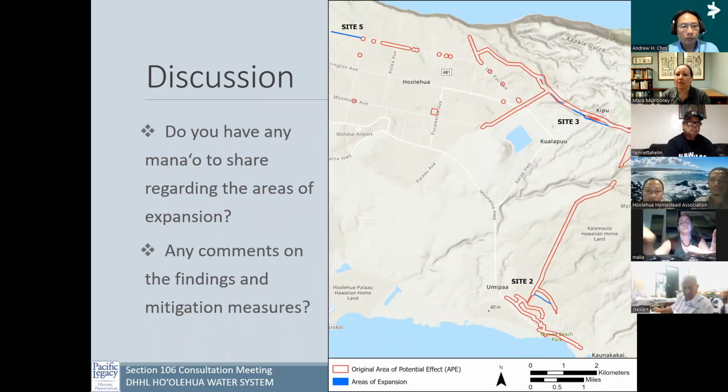In terms of a brief update on the current monitoring, no historic properties have been identified. Our team has identified a number of isolated historic artifacts, including glass bottles, a discoidal hammerstone that was on the surface in Site Area 3, and the glass pieces that go on the top of electrical lines. I can never remember what they're called. Somebody help me.